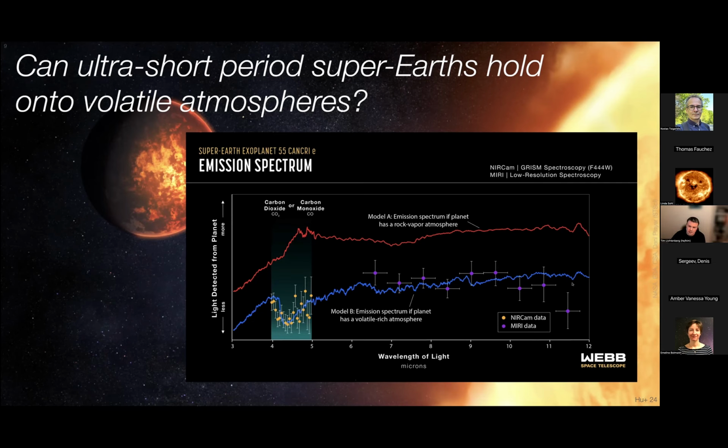So they suggested instead that the data you see here would fit a volatile-rich atmosphere, which would be very surprising if you consider that 55 Cancri is an ultra-short period super Earth that is certainly way above the liquidus temperature of these rocks. Such a result will certainly be contentious at the moment, and we'll see what appears for other planets and for future data taken for this planet.